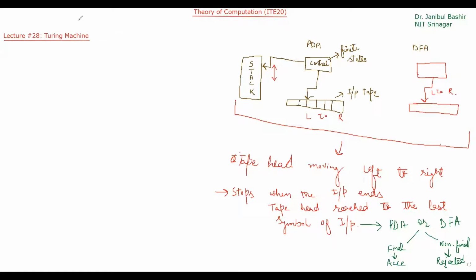Now in case of a Turing machine, like these two, pushdown automata and deterministic finite automata, we have this finite control. Finite control means that there are a finite number of states.